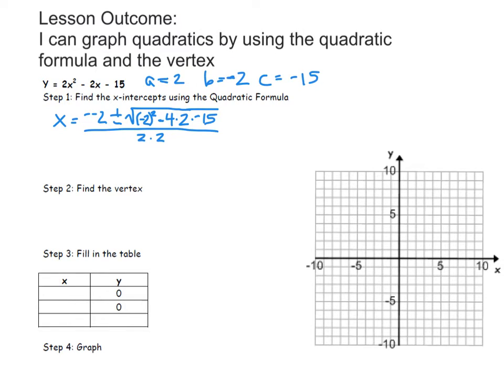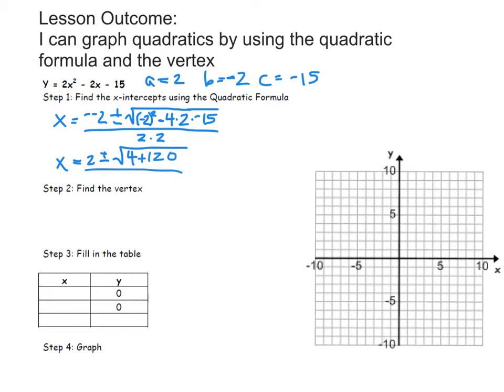All right, so we're going to simplify this. X equals negative negative 2 is positive 2 plus or minus the square root of, again, negative 2 squared is negative 2 times negative 2, which is positive 4, not negative 4. And then we have here minus 4 times 2 times negative 15. Notice we'll multiply negative times a negative, which will become a positive. So we're going to have plus 4 times 2 is 8 times 15 is 120.